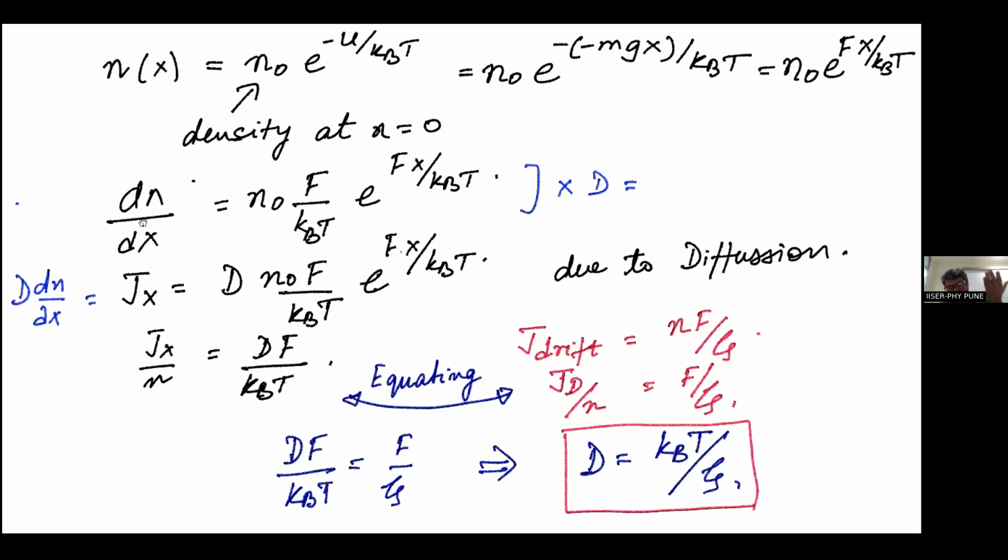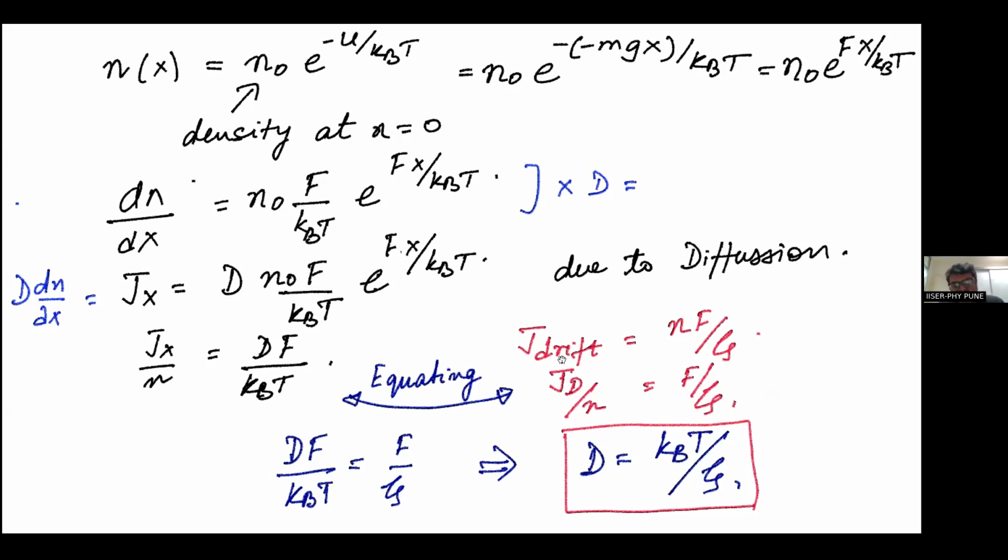Remember the current due to diffusion is due to the gradient of c. So I have taken the derivative, and if you multiply by D, you get the current. So you have essentially calculated the current due to concentration gradient. This is due to diffusion. And you can calculate J_x by n, which you get as DF by k_BT.